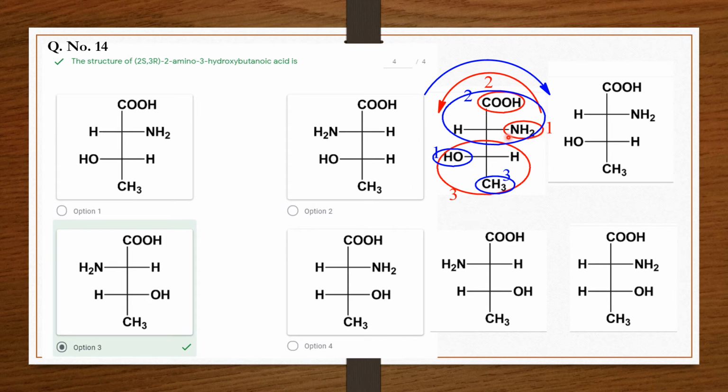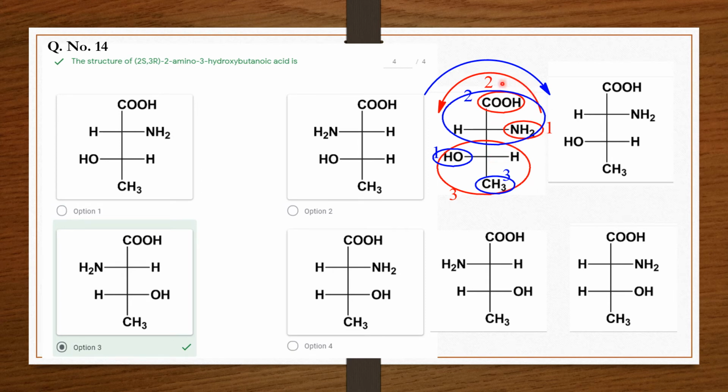Let us consider this chiral carbon, and the functional groups attached are NH2, COOH, and the one marked in red. The first priority goes to NH2 because nitrogen has the highest atomic number compared with carbon.